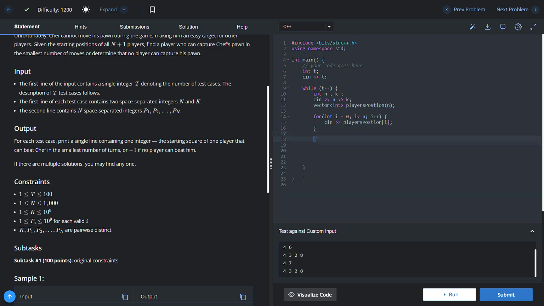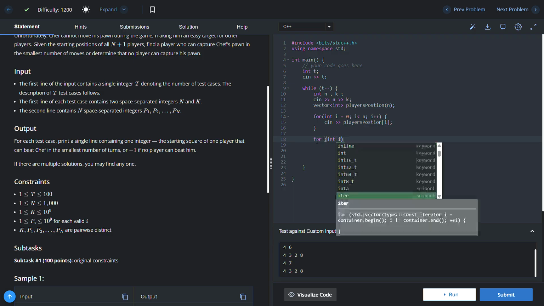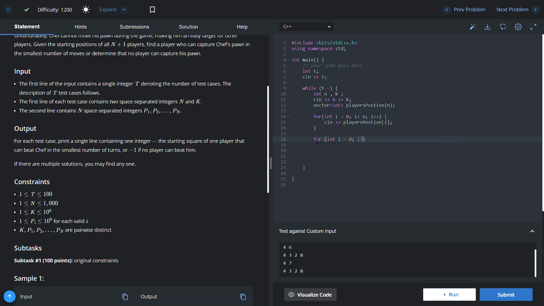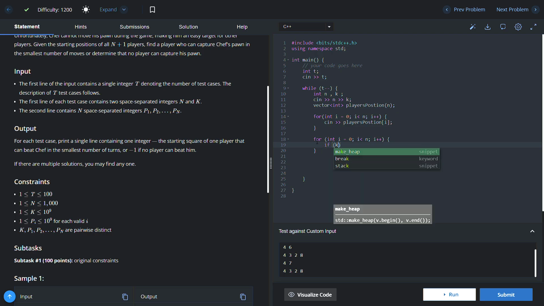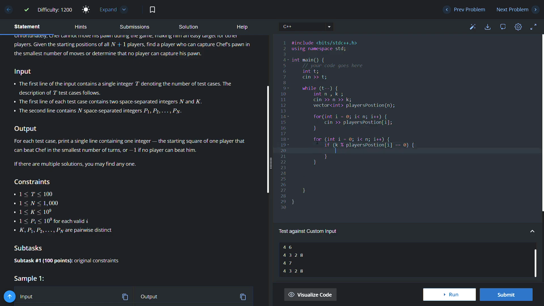So what we can do is iterate over our array of players' positions, and if k modulus the player's position p[i] returns 0, then we have to decide something, right?